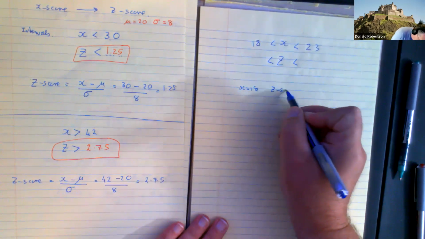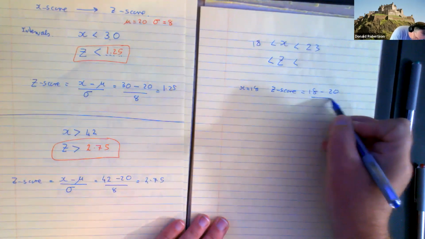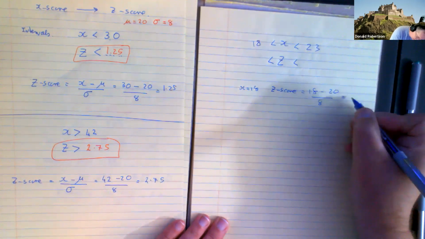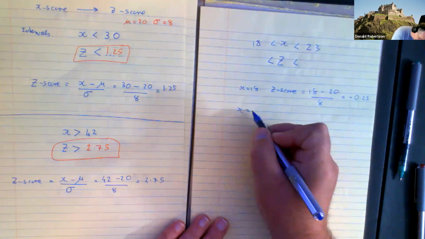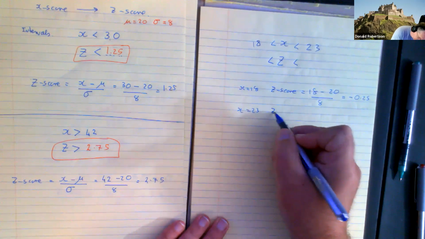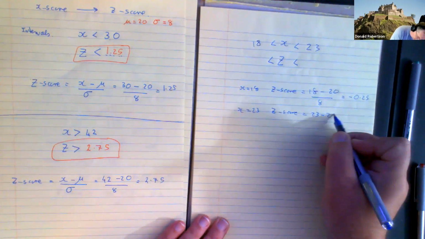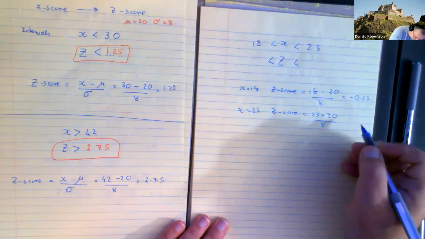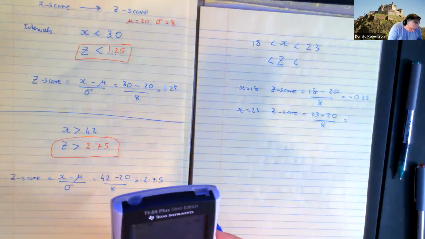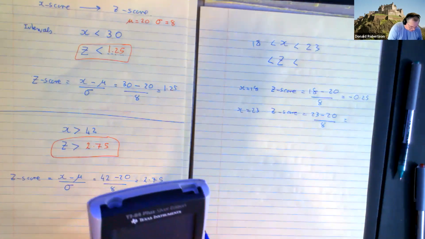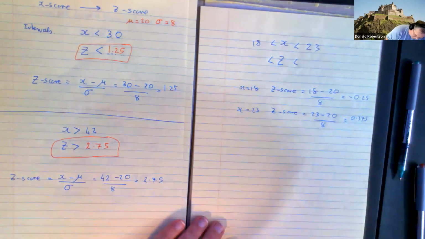The z-score is going to be 18, take away 20, divided by 8, and that's negative 0.25. And if you go to the opposite extreme, which is 23, the z-score is 23, take away the mean, divided by the standard deviation. And I don't know what 3/8 is, so I don't want to risk it. Yeah, that's what I thought it was going to be. 0.375.